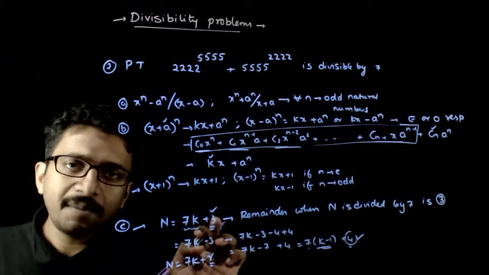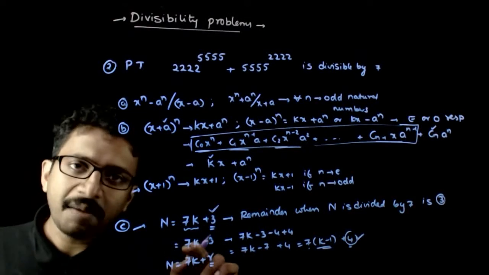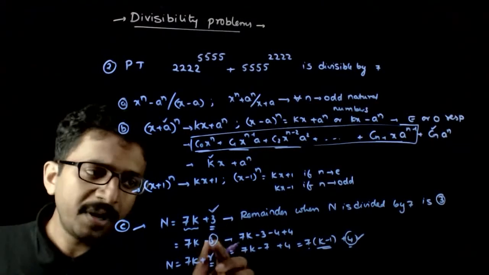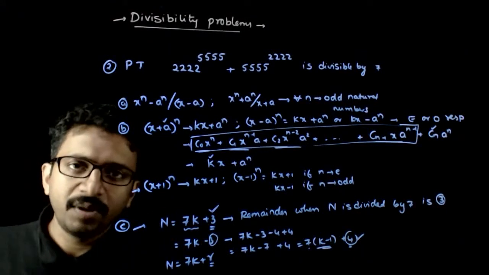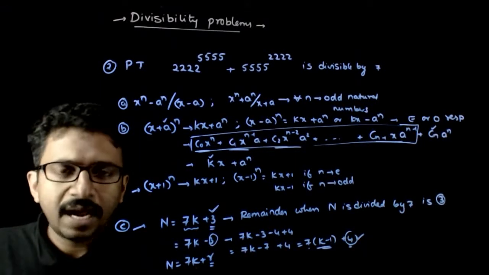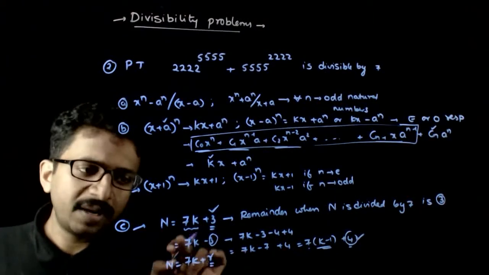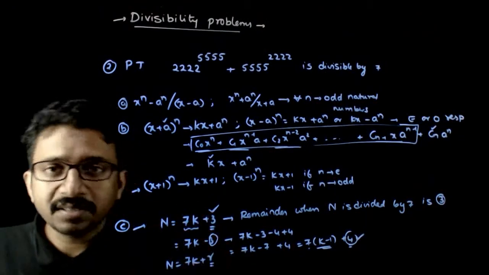So if you have 7k plus something, exactly this will be the remainder. If you have 7k minus something, the complement of this with respect to 7 will be the remainder. That is, 7 minus 3 will be the remainder. So you have to be careful. 7k plus 3, the remainder will be 3. 7k minus 3, the remainder is 4.